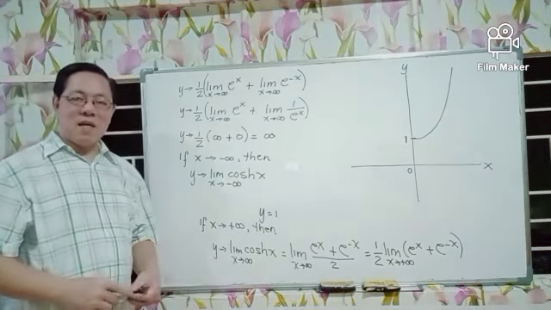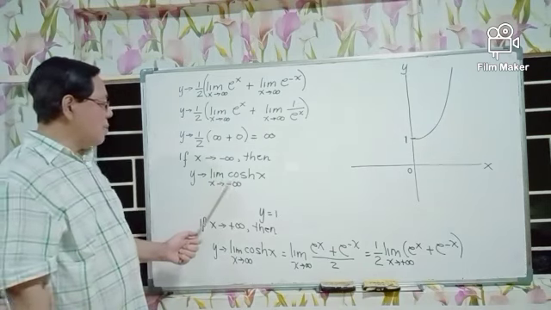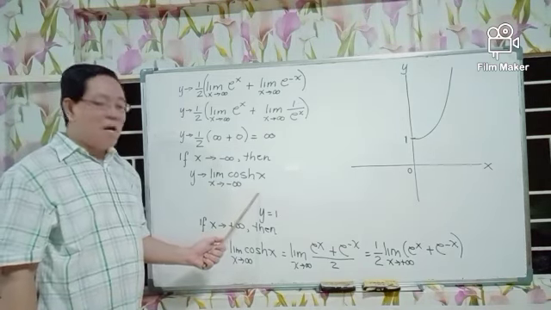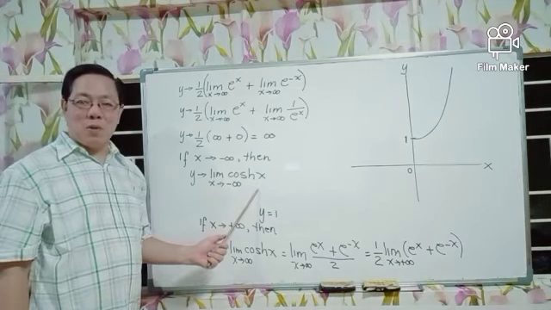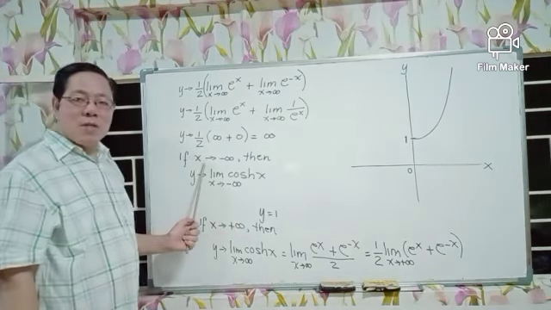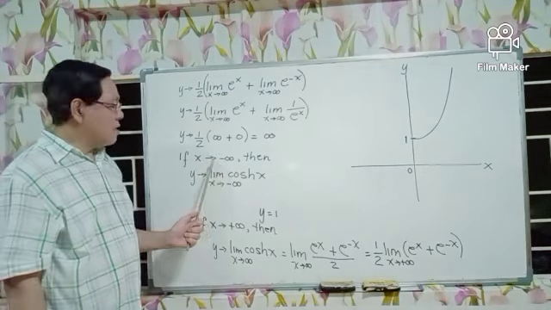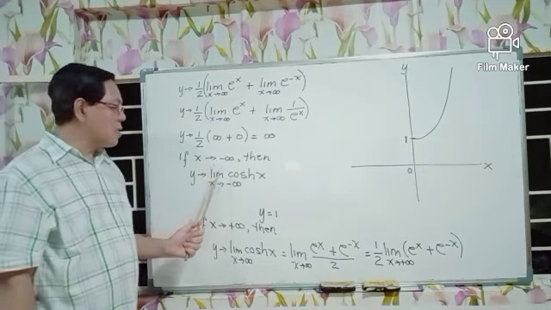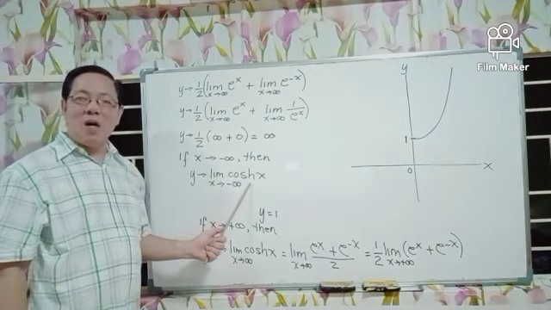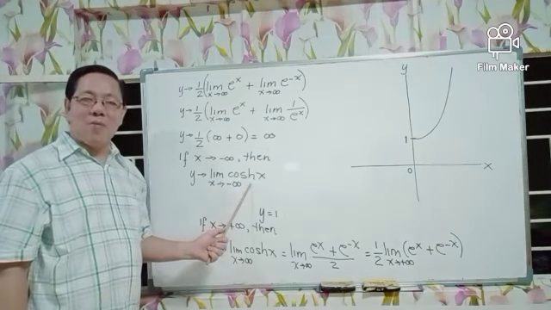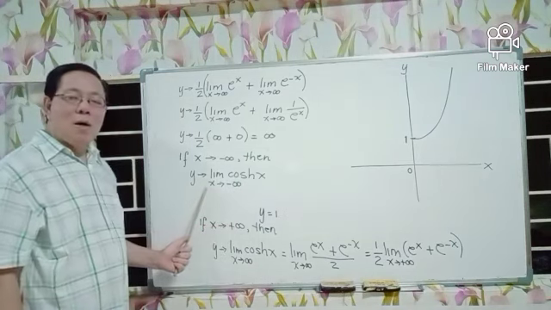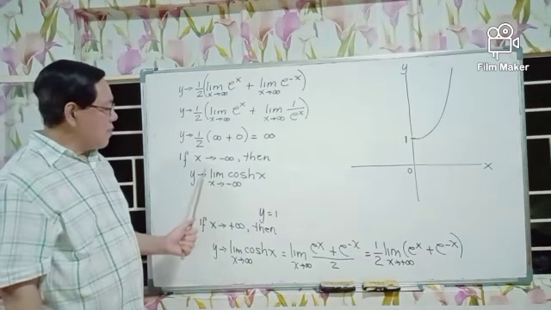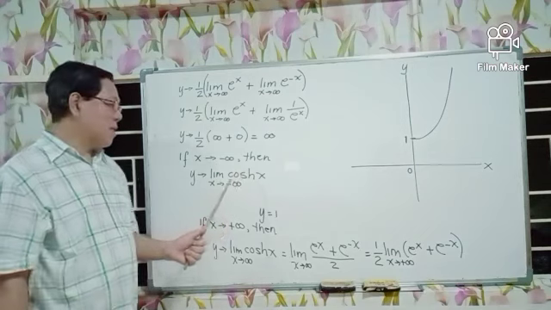We investigate to what number the hyperbolic cosine of x will approach if x approaches negative infinity. That is, if x becomes smaller and smaller, what will happen to the value of the hyperbolic cosine of x, given by y?